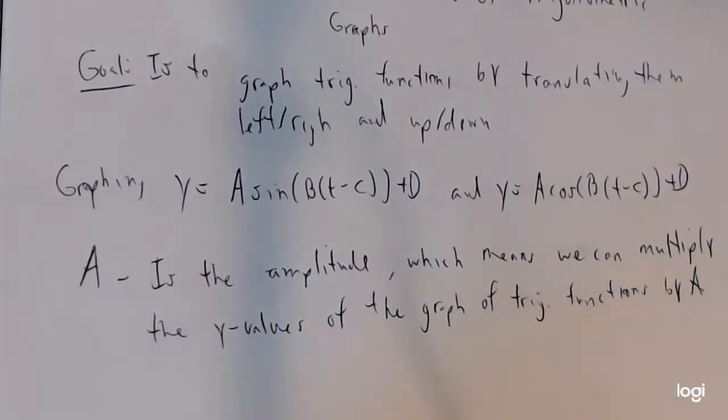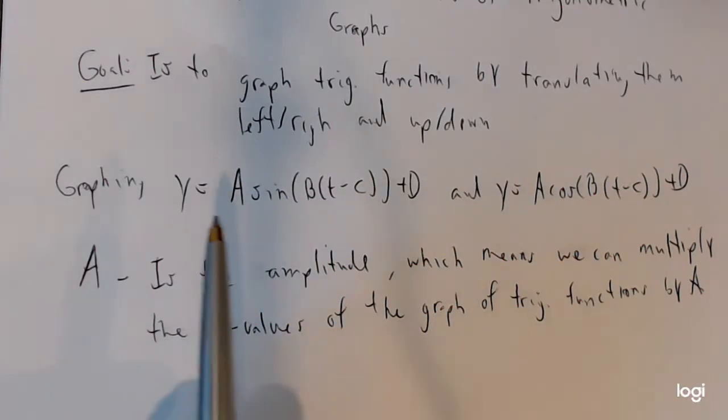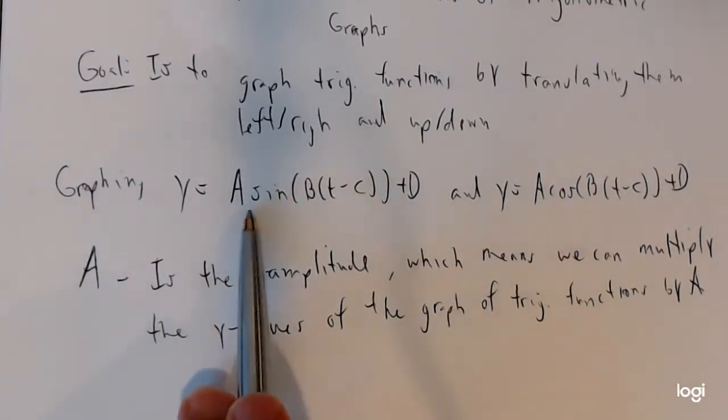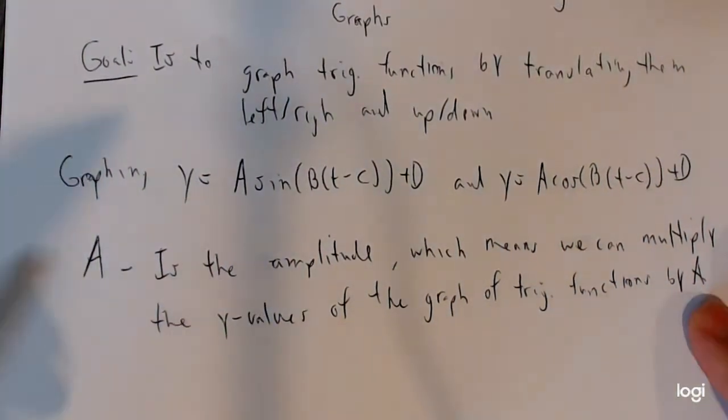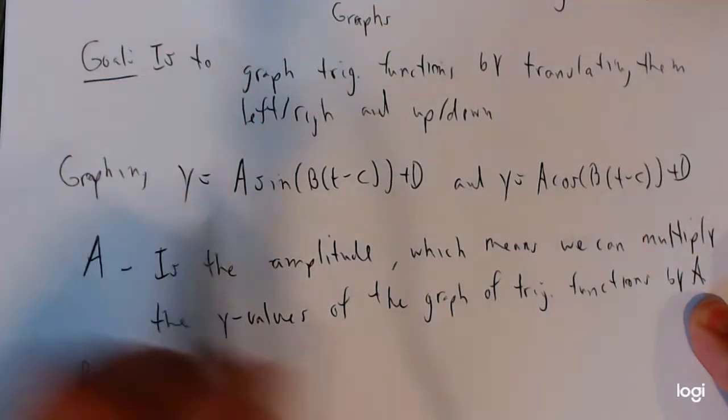So that's nothing new, we've talked about it before. A just means we are multiplying the y values of our trig function by a.